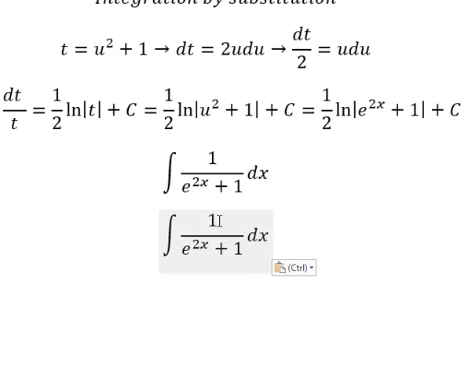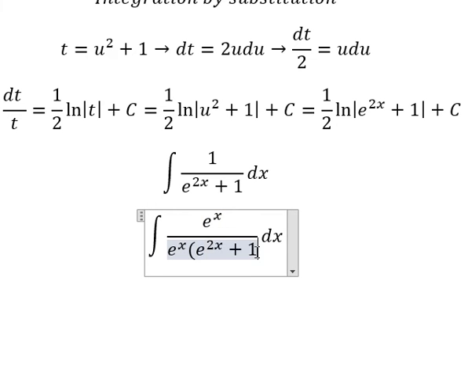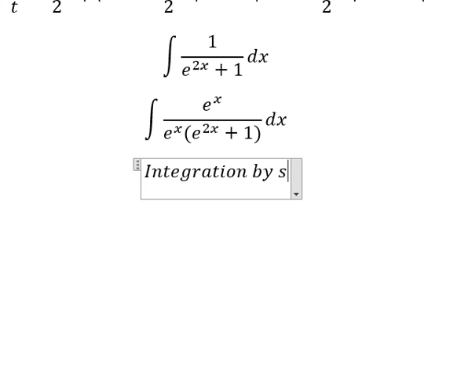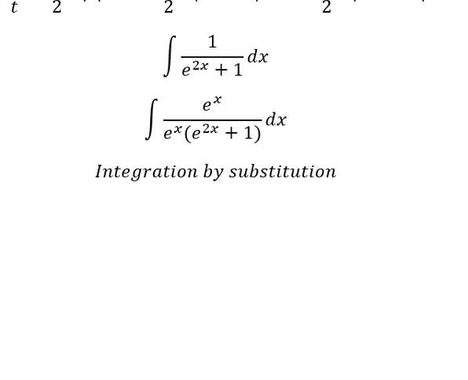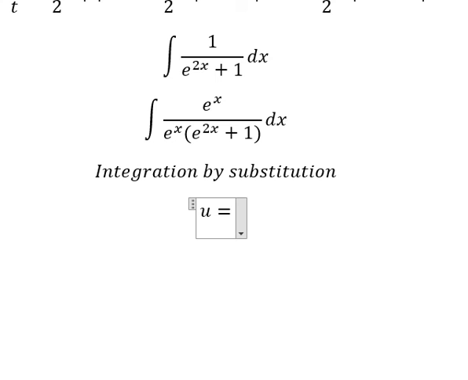About this one, we need to multiply by e to the power of x on numerator and denominator. So we need to use integration by substitution. So I will put u equals to e to the power of x.